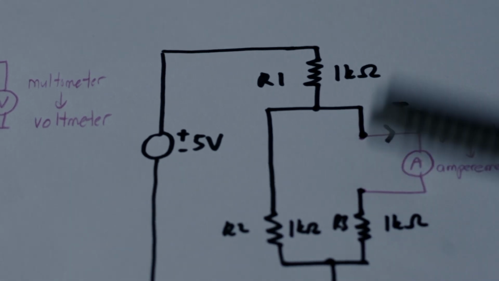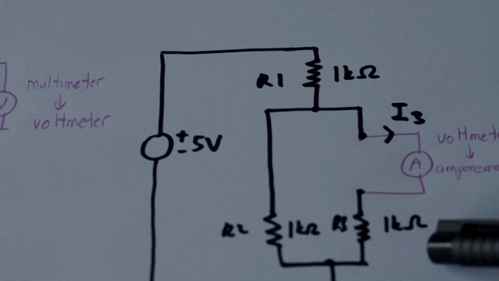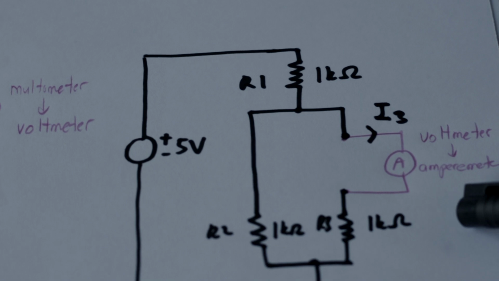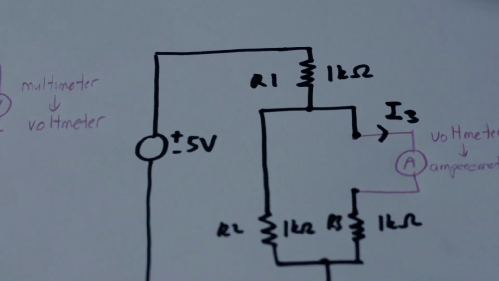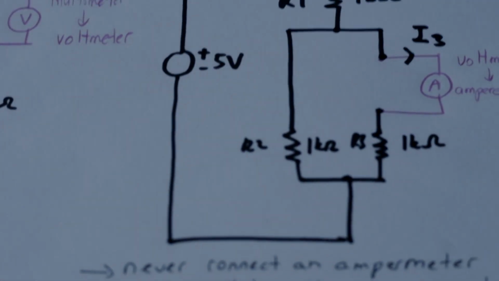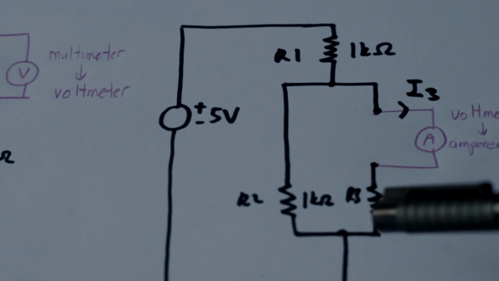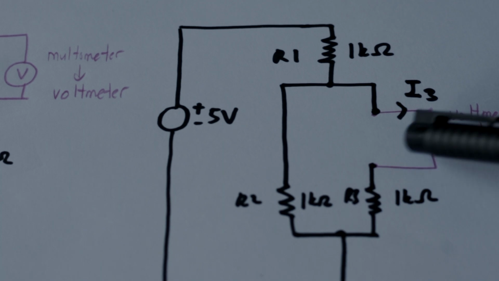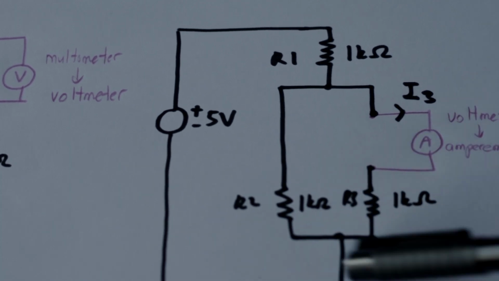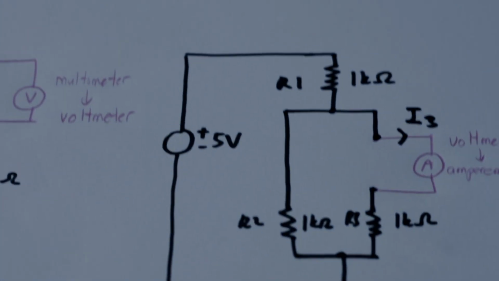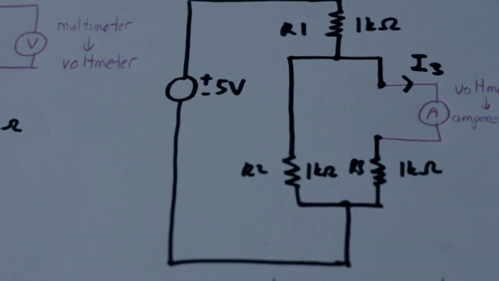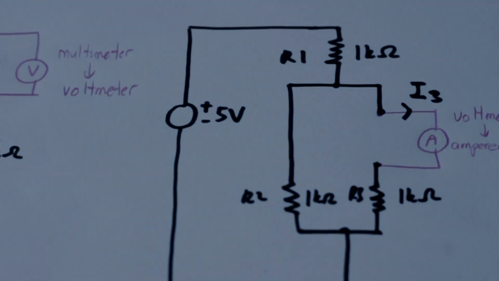And in order not to change I3, the ampere meter should have theoretically zero internal resistance, okay? So that the resistance on this branch is still approximately R3. Okay, so this is the next measurement. So I'll show you how to do the series connection.